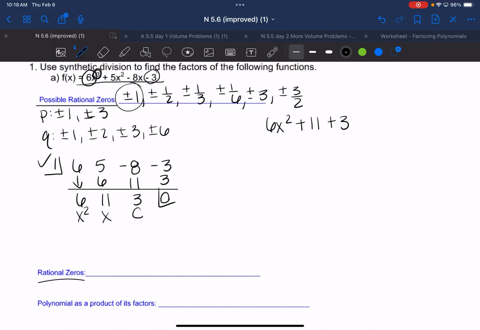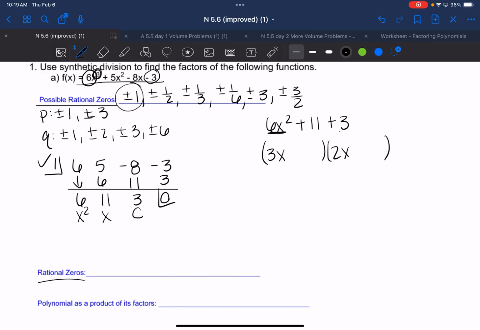Now, when it's an exponent of 2, we know how to factor that, so we don't have to do any more division. We're good. Okay, so remember, when I factor, I ask myself what multiplies to give me the first term. So what's something that would multiply to give me 6x squared? Right, okay, so let's give that a try. So we'll plug in 3x and 2x.